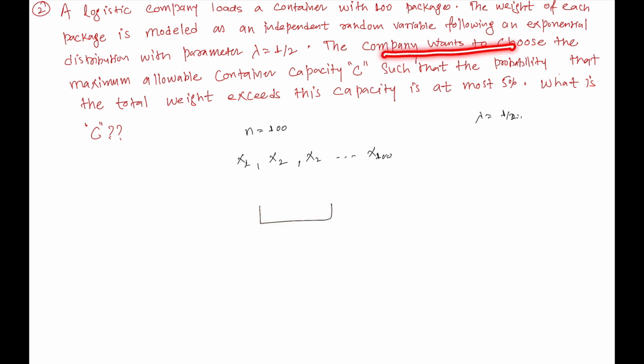So the company wants to choose the maximum allowable container capacity C such that the probability that the total weight exceeds this capacity is at most 5%. So what's the requirement?